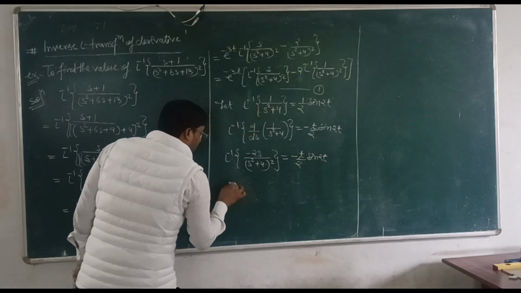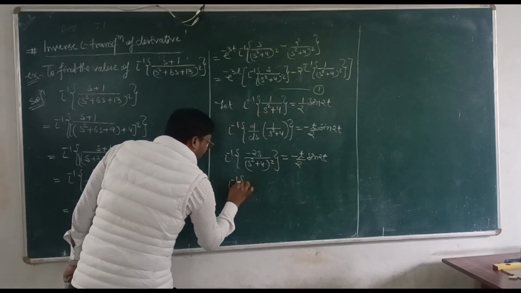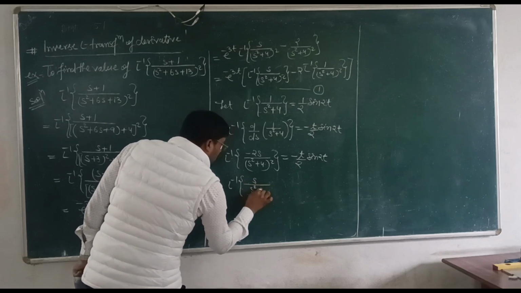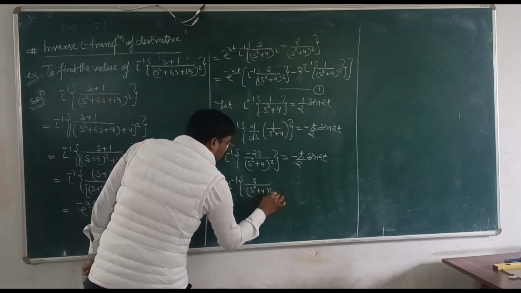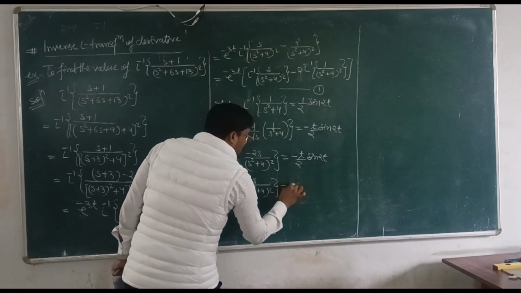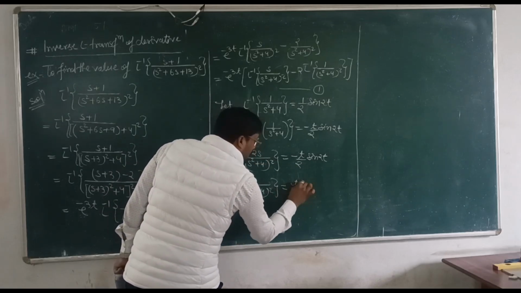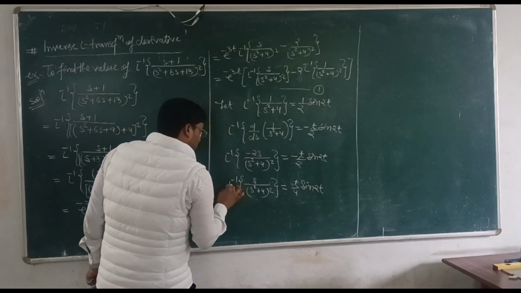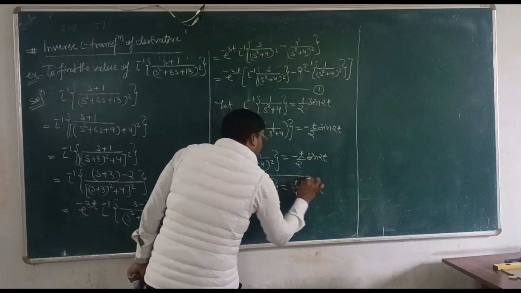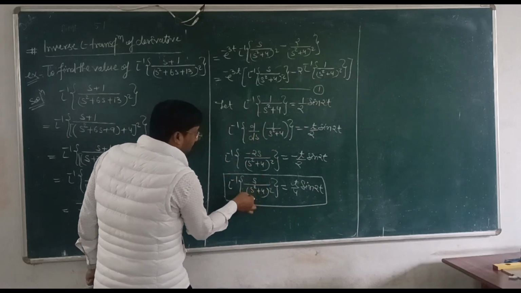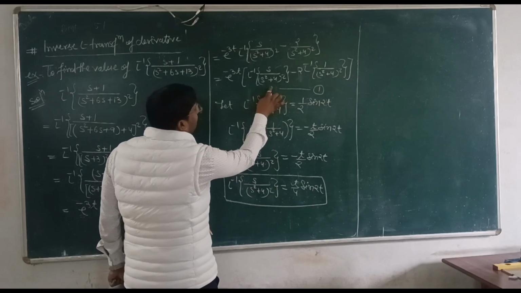Now you can solve inverse Laplace of s upon (s square plus 4) to the whole power 2 is equal to t upon 4 sin 2t. This is the value of inverse Laplace of s upon (s square plus 4) to the power 2.